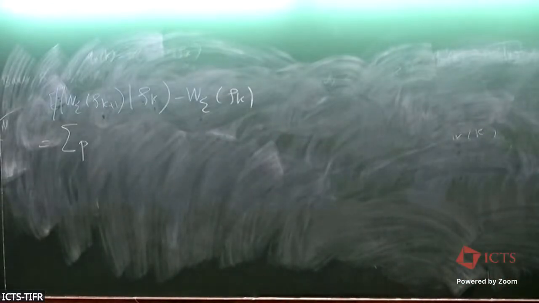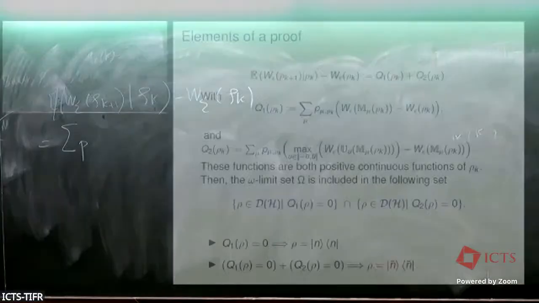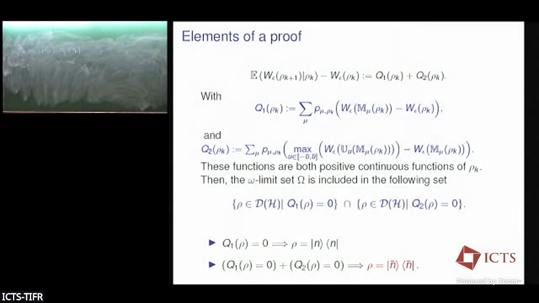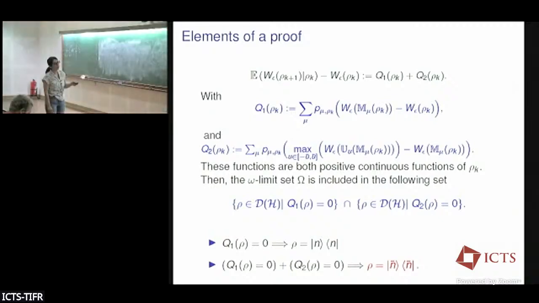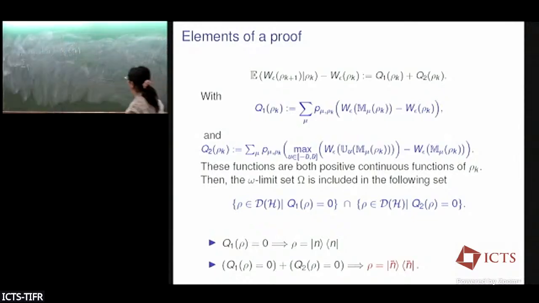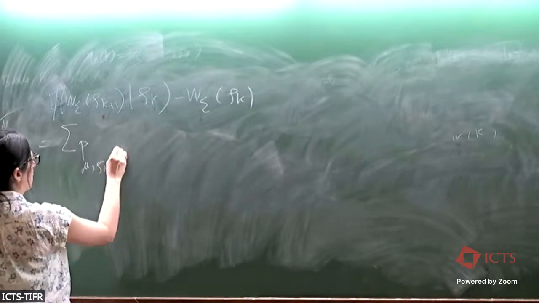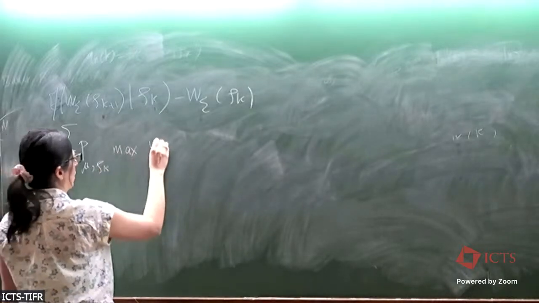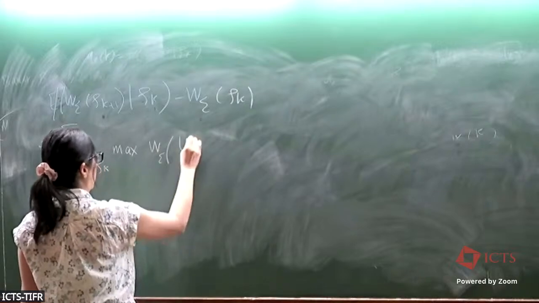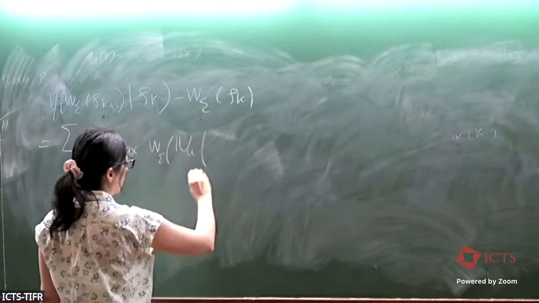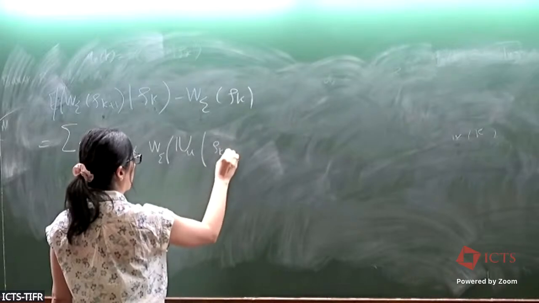This is the first term: the probability to get mu knowing rho k, and this is my control that I define like this, the maximum of this function. So your control is the argmax of this, right? Then this is defined by the maximum of this function. So I will write p mu, maximum of W epsilon mu of rho k plus half.